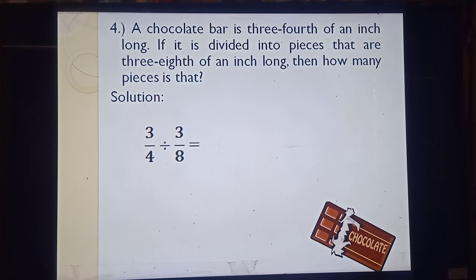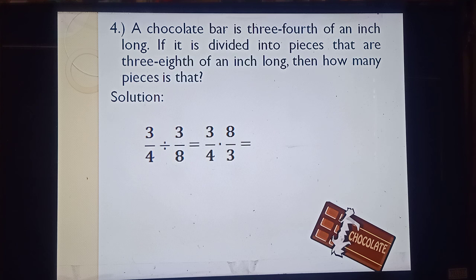So first, we're going to copy 3/4 and then proceed to multiplication after getting the reciprocal of our divisor. Our divisor is 3/8, so we're going to get the reciprocal. Its reciprocal is 8/3. Now, we could multiply directly the numerator to numerator and denominator to denominator.